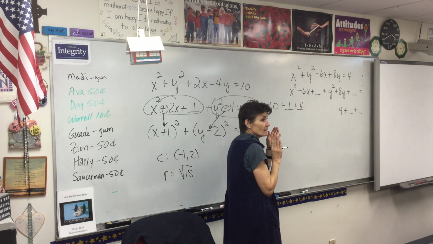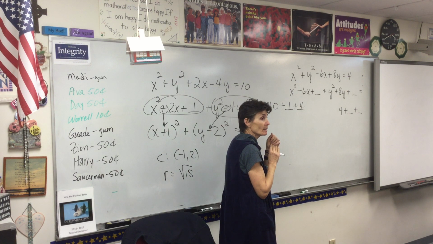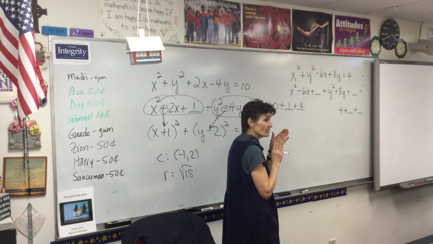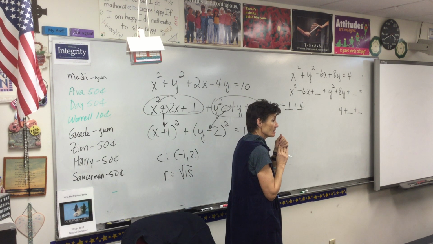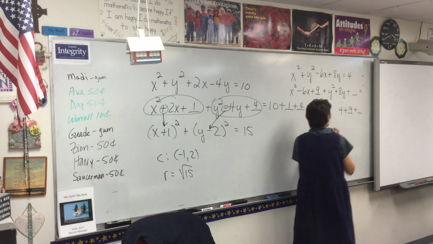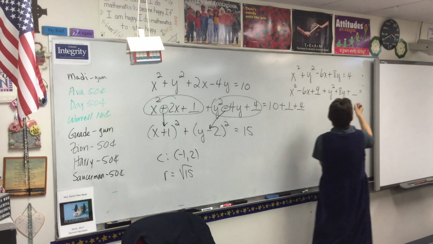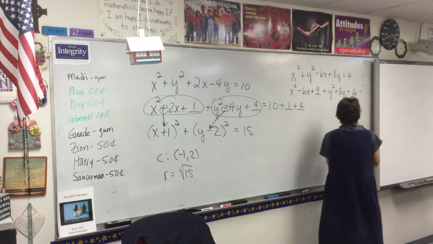Okay. Now we're going to complete the square. So, half of 6 is 3. Squared is 9. Make sure you add it to both sides. Half of 8 is 4. Squared is 16. Make sure you add it to both sides.